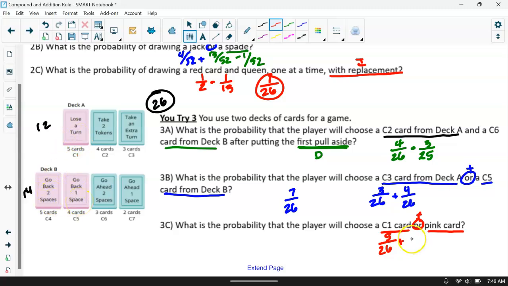Because there's the 14 between the 2 decks. But then you did have the overlap, right? Because there are 5 out of the 26 C1 are the pink. So that means here they just cancel out, notice, and that's how you get 14 out of 26, or of course that simplifies to 7 out of 13.